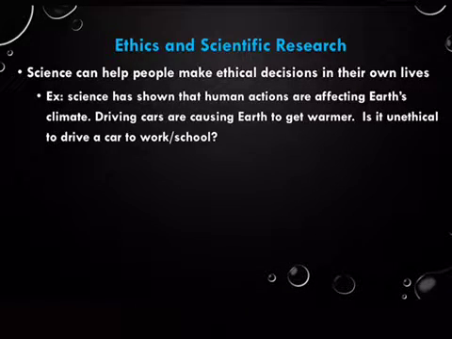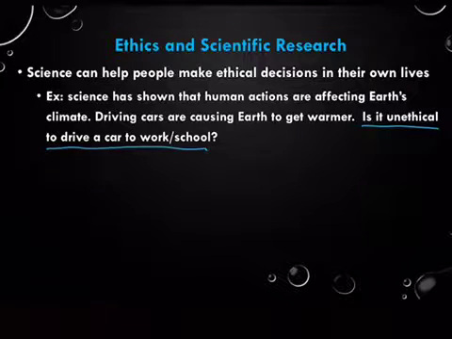So scientists can help people make ethical decisions in their own lives. For example, science has shown that human actions are affecting Earth's climate and that driving cars is causing Earth to get warmer. The science has provided this information. And so now it is up to us as individuals to look at whether it is unethical to drive a car to work or school.